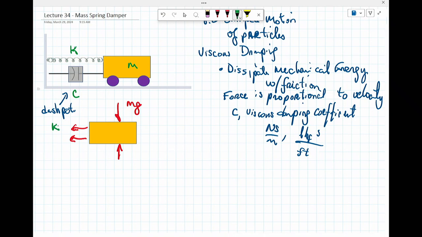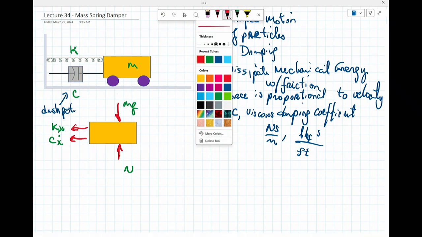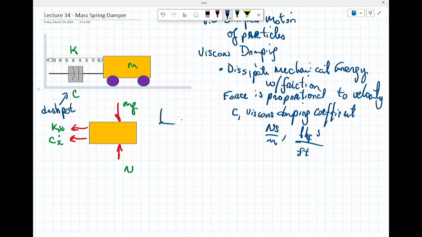So I have Kx, Cx dot, normal, and there we go, mg. And in this particular case, again, I don't need to worry about rotation because these are particles, but I'm going to define my positive x in that direction. So I've defined a positive x. I have only added one term, but it messes up my solution.